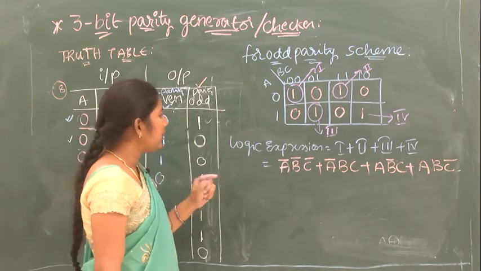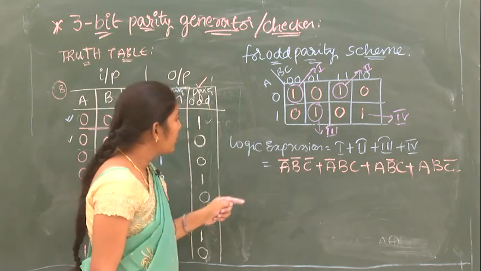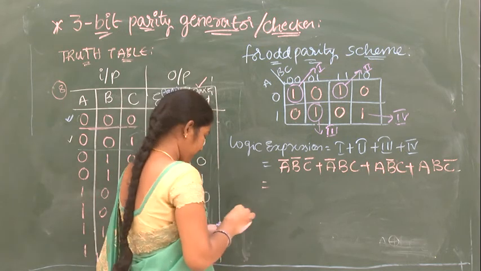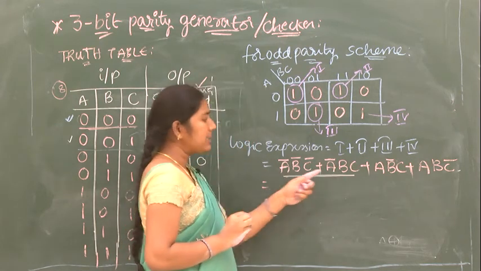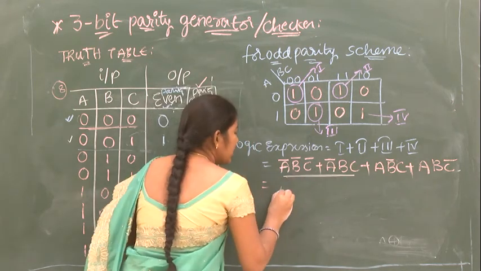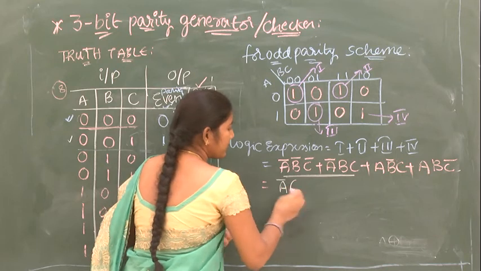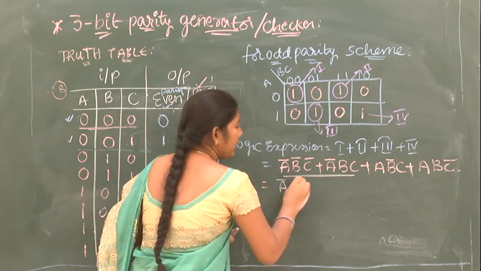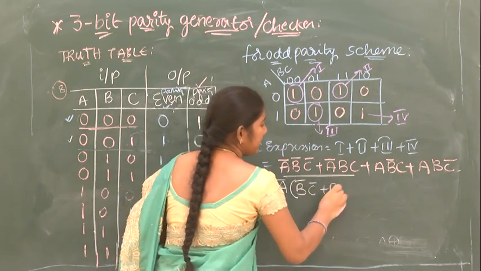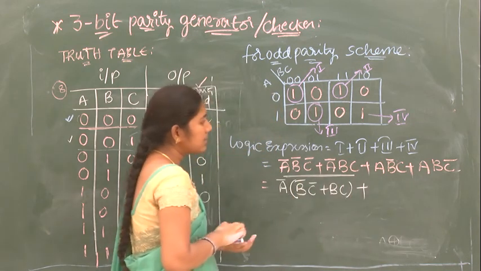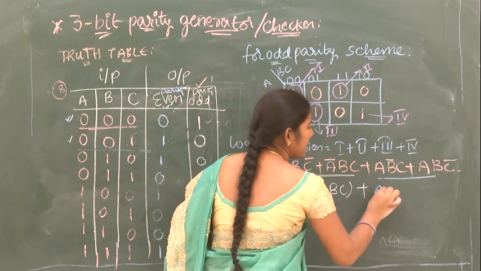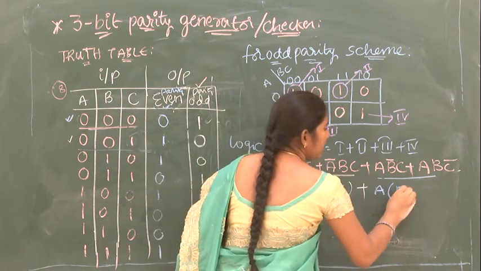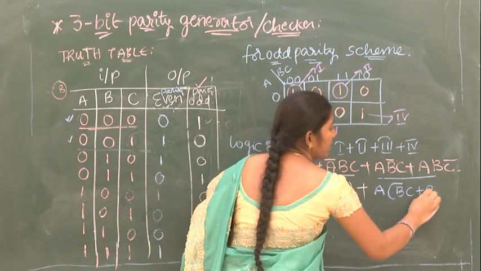Now we check, is there any possibility of common terms? In these two terms, A bar is common, so take A bar as common, and B bar C bar plus BC. In these two terms, A is common, so take A as common and B bar C plus B C bar.